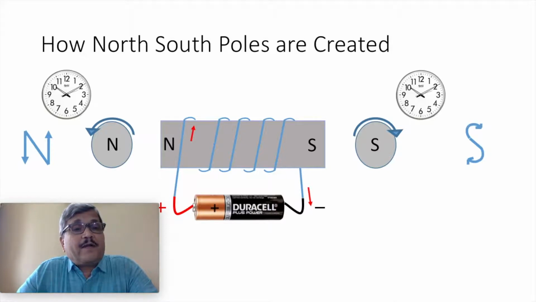Put a capital N, capital S, and put the arrows at the ends. The capital N will denote the anti-clockwise movement of the clock, and capital S will show clockwise movement of the clock. So it is very easy to remember.